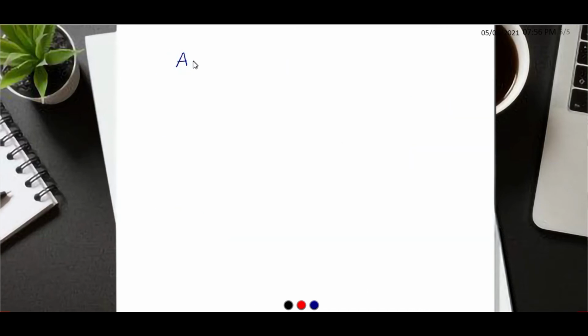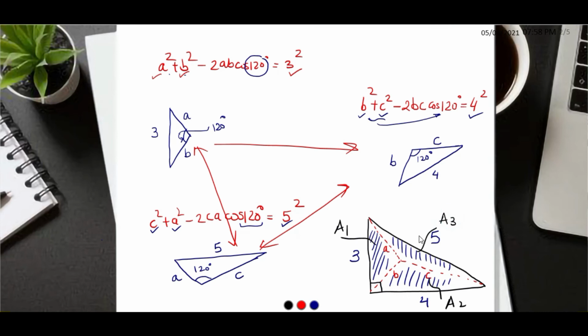Area of right triangle equals A1 plus A2 plus A3, and we know the area of a right triangle is half times base times height, which equals 6. Now note that using another formula for the area of a triangle in terms of trigonometry, this is 120 degrees, this is also 120 degrees, and this is also 120 degrees.